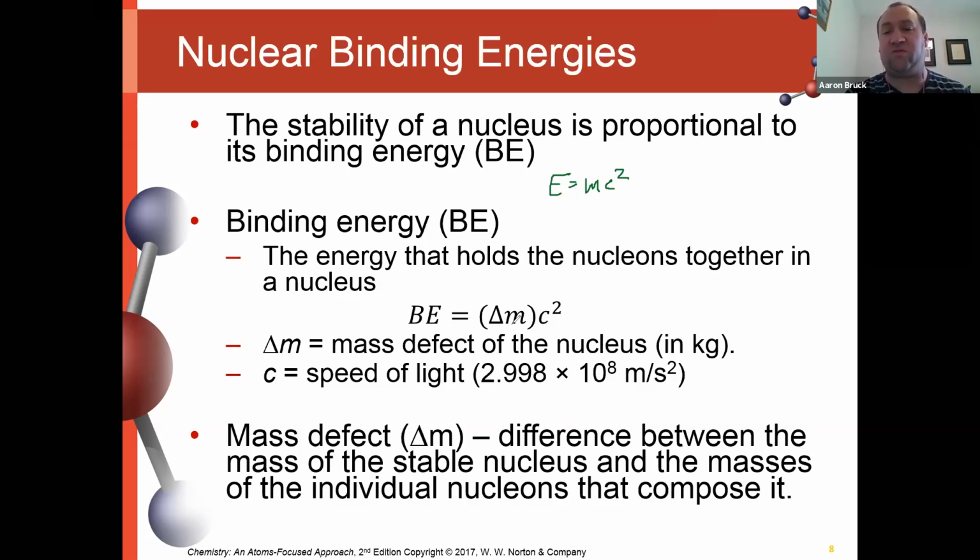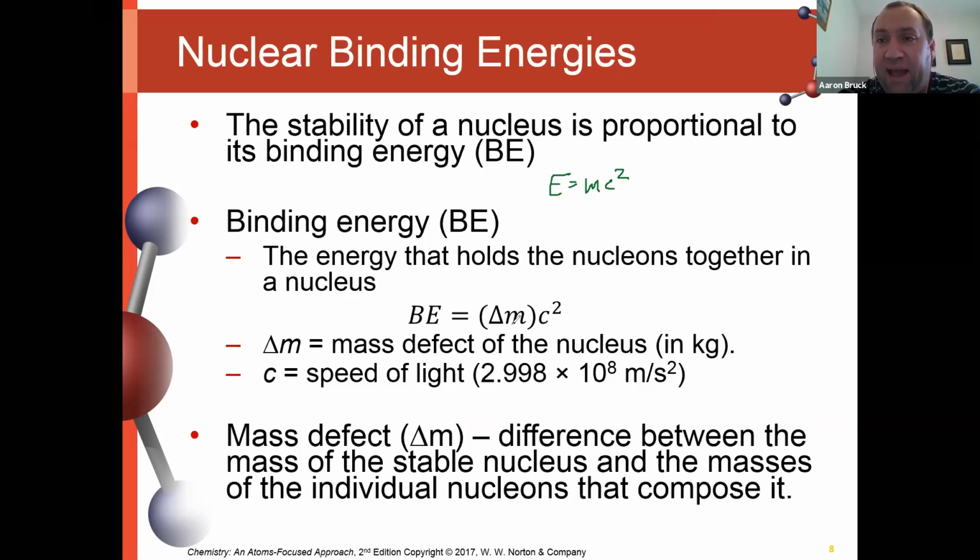And where that comes from is, if you've ever looked real close and taken the atomic mass of really any kind of atom and compared it directly to the actual masses of the protons and neutrons that make up that nucleus, what you will find is that the atomic mass is always less than the mass of the nucleons that put it together.